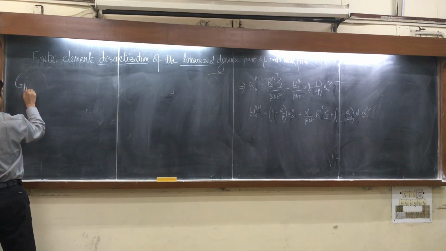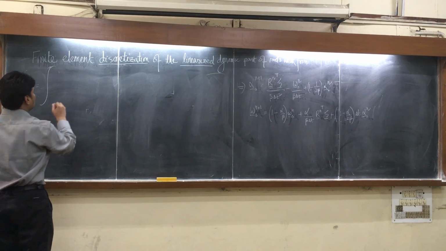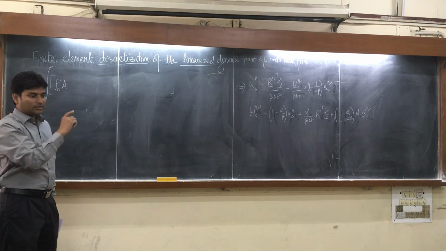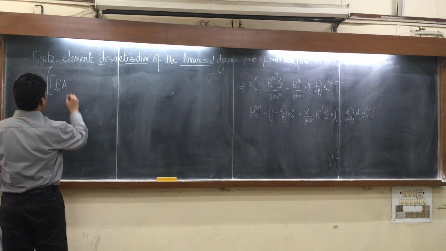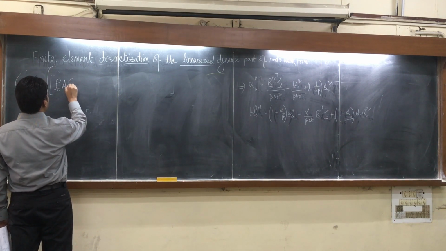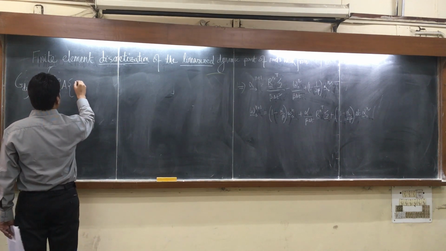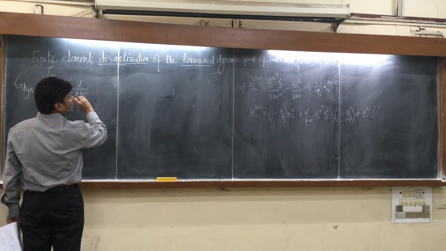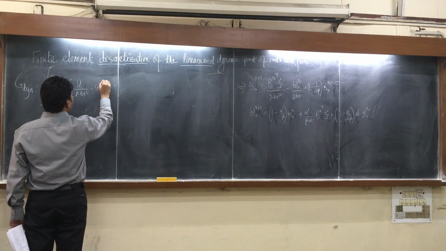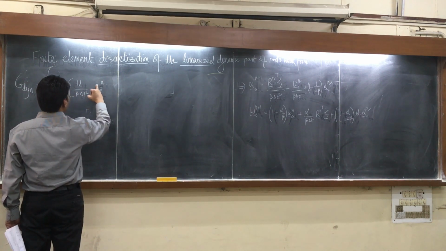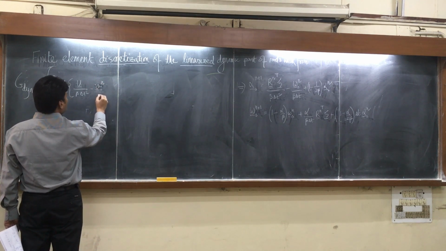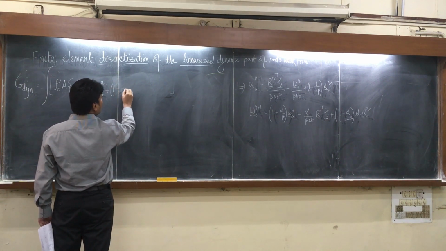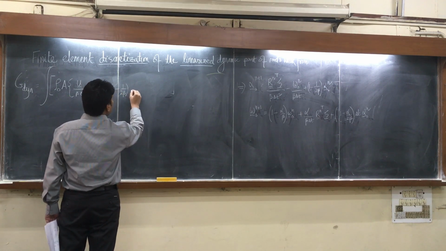So my G dynamic then becomes the integral of rho naught times the acceleration at n plus 1, and that would be u divided by beta delta t square, minus v naught over beta delta t, plus 1 minus 1 over 2 beta into acceleration at n.